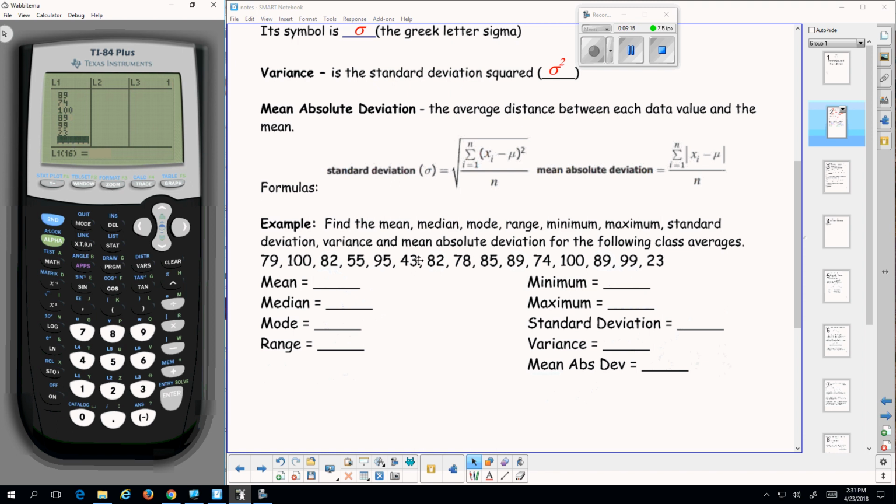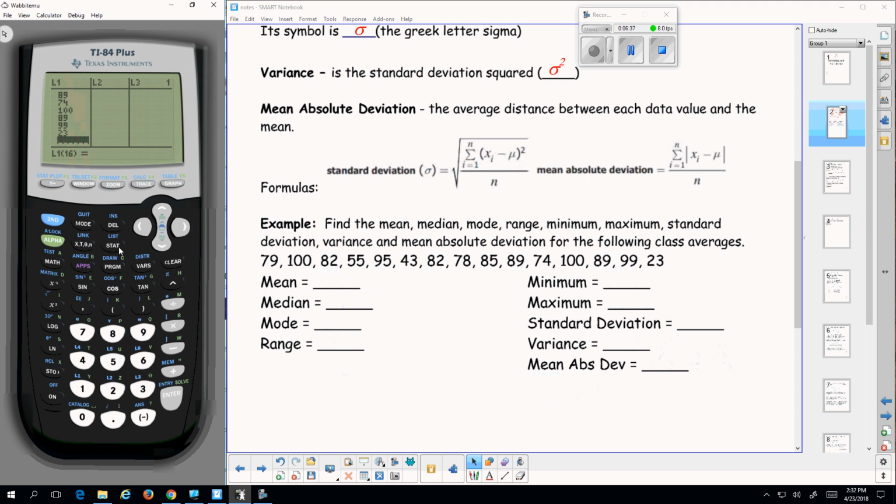And a good way to check that you got all the numbers, if you count, we have 15 numbers here, and you see how it says L1 16? That's how you know you have 15 numbers, because 16 is a blank one. So that's how you can verify that you didn't skip one or anything like that. So now all your numbers are in.